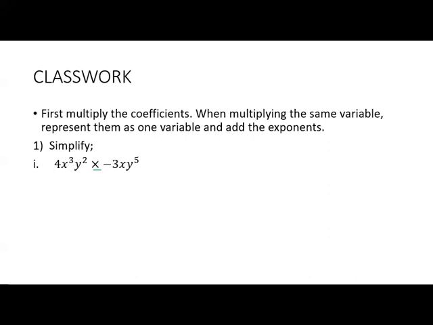When you multiply the x's, you'll write it as a single x, and then you add the exponents. The exponent of x will be the sum of 3 and 1, which will be 4, and the exponent of y will be the sum of 2 and 5, which will be 7. So the answer will be -12 x to the exponent of 4 y to the exponent of 7.